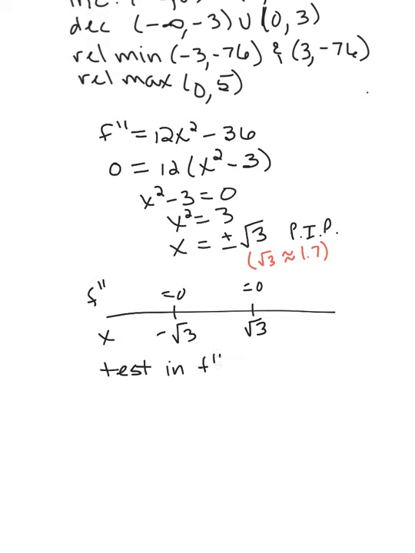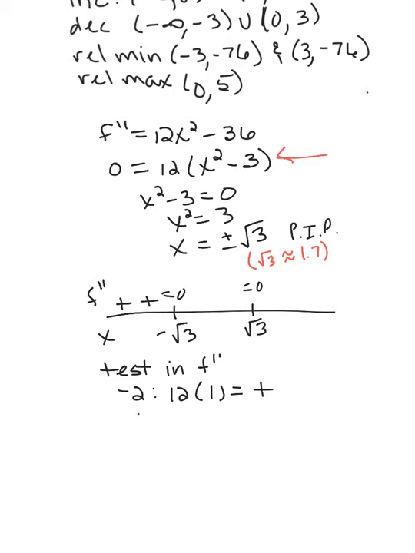I'm going to test -2 in the left section. Putting it into the factored version, we will have 12 times -2 squared is 4 minus 3 is 1, which is positive. So the left side of negative square root of 3 is positive.